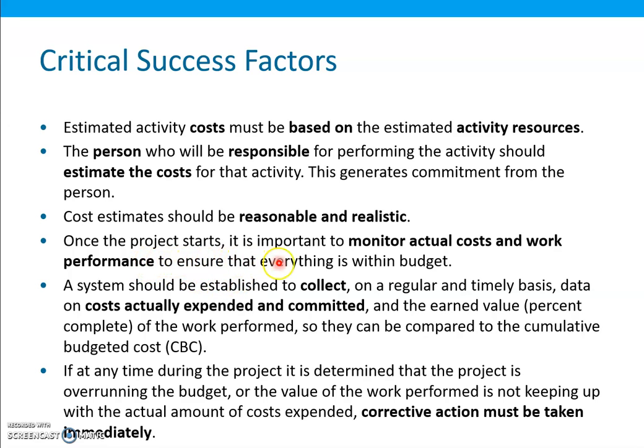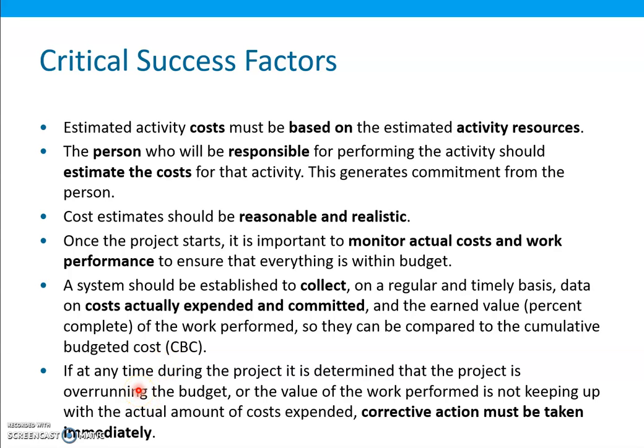Once the project starts, it is important to monitor actual costs and work performance to ensure that everything is within budget. A system should be established to collect on a regular and timely basis data on costs actually expended and committed, and the earned value percent complete of the work performed, so they can be compared to a cumulative budgeted cost.